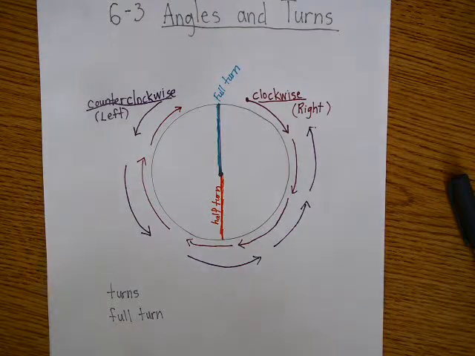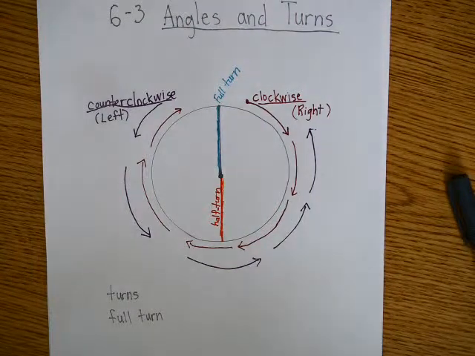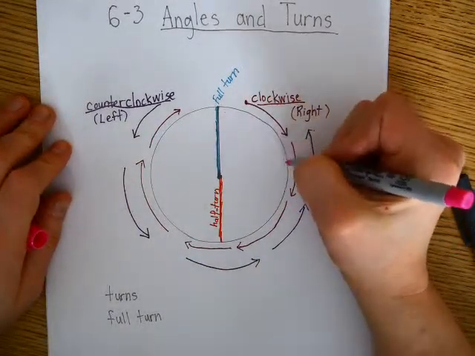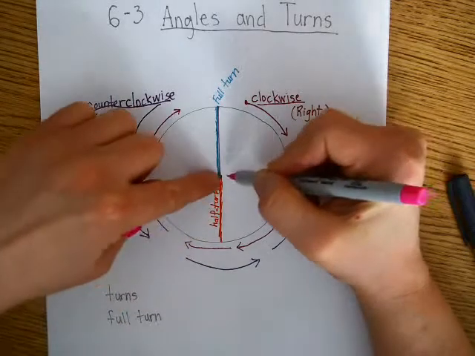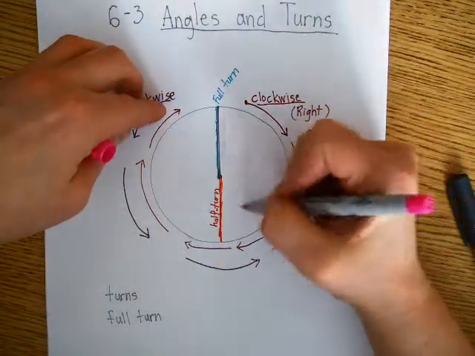The next vocabulary word, I'm going to put a hyphen right in there, is a quarter turn. And for a quarter turn, you can imagine, it's going to just turn a quarter of the way around the clock. So it's like splitting the clock into 4 parts. 1, 2, 3, 4.